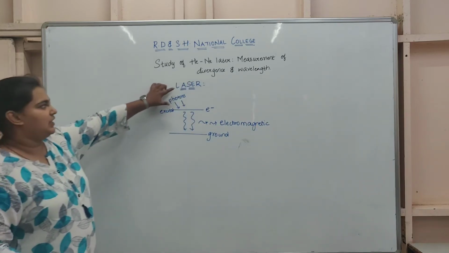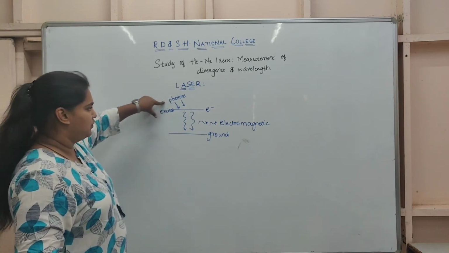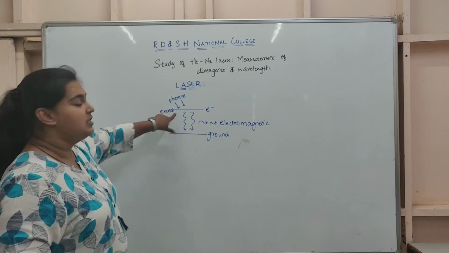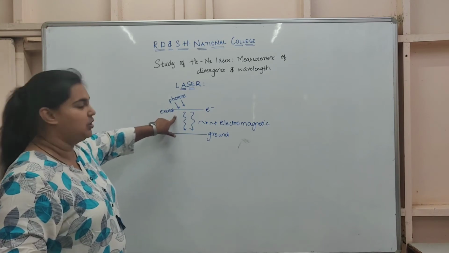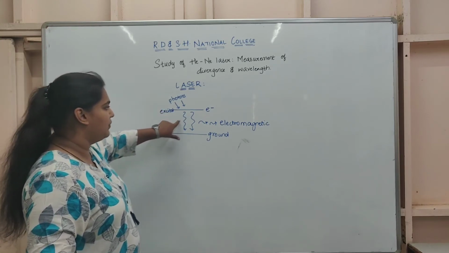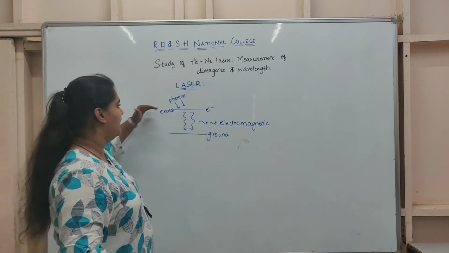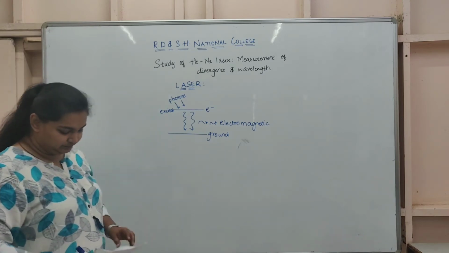There's an amplification of optical signals, and because of these photons there is stimulated emission. This is not spontaneous. Stimulated means there is an external source which is causing this emission, when electrons jump from the excited state to either a lower or the ground state.